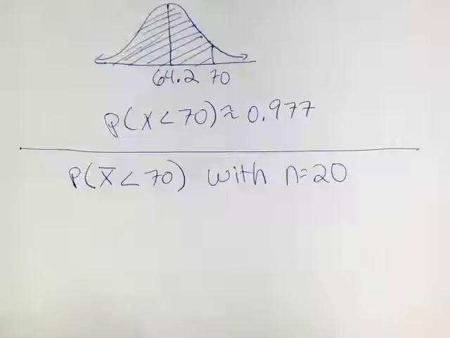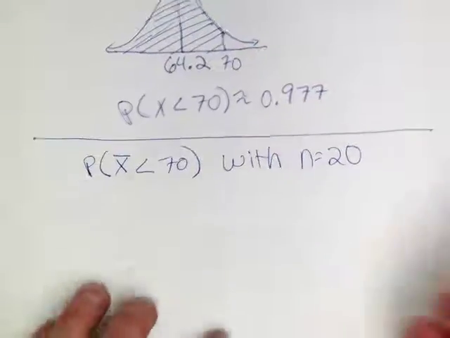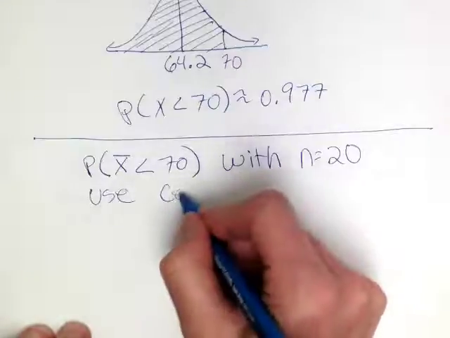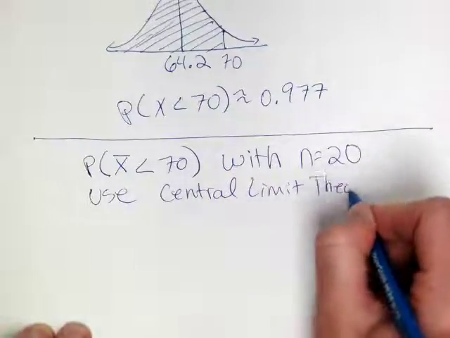Now, the central limit theorem kicks in even when our sample size is less than 30 if the population is already normally distributed. We're told that this population is normally distributed, so it's okay we have a sample size less than 30. So we want to use the central limit theorem.